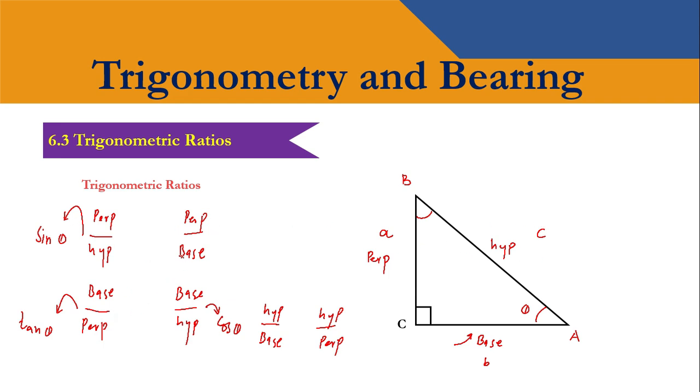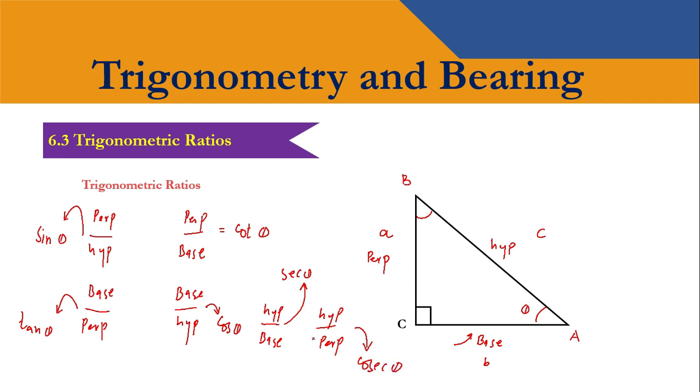And the other ratios are, when we divide the base by the perpendicular, this ratio is known as cotangent theta. And if we divide the hypotenuse by the base, this ratio is known as secant theta. And if we divide the hypotenuse by the perpendicular, this ratio is known as cosecant theta.